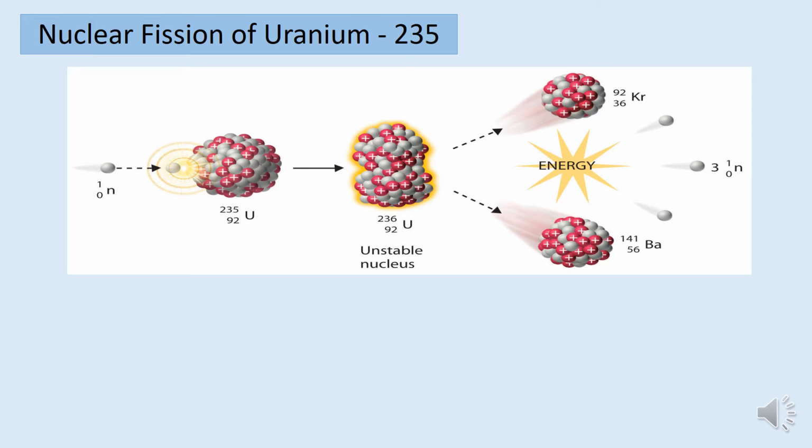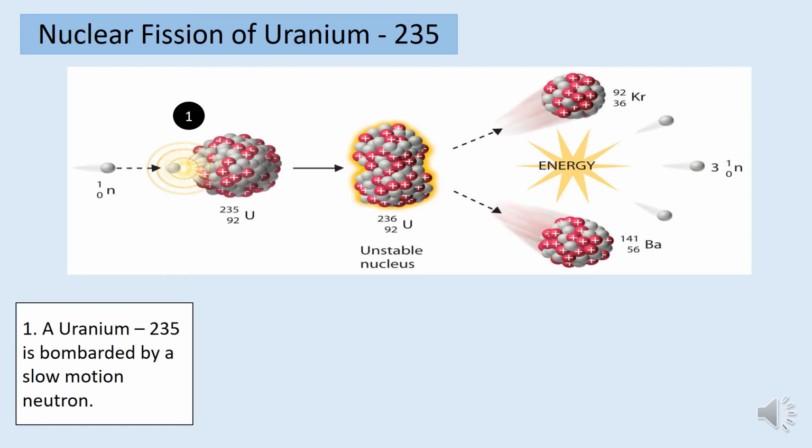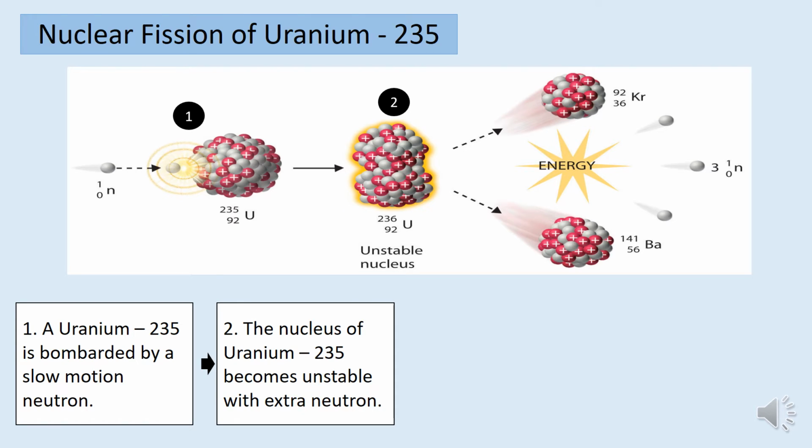Let's take a look at the nuclear fission of uranium-235. As we can see at number 1 process, a uranium-235 is bombarded by a slow-motion neutron. Next, the nucleus of uranium-235 becomes unstable with extra neutrons.